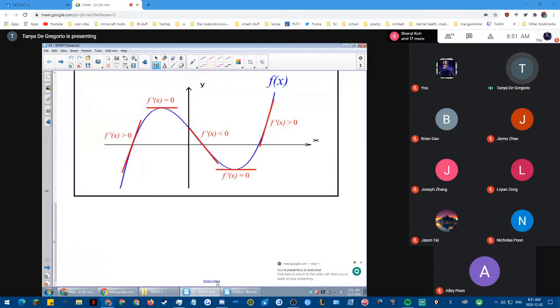So where we are changing from an increasing to a decreasing function, we call that a critical point.